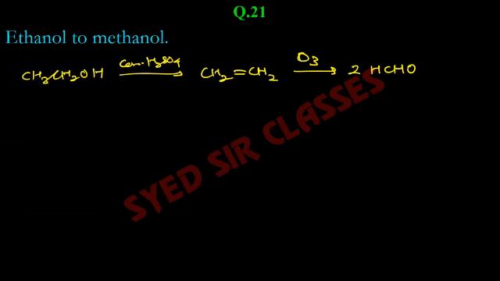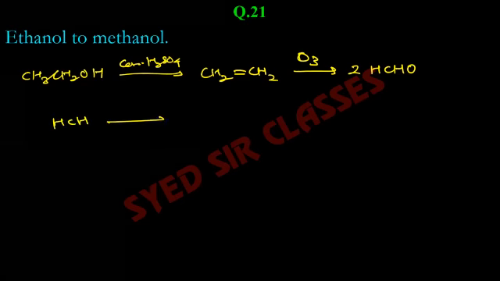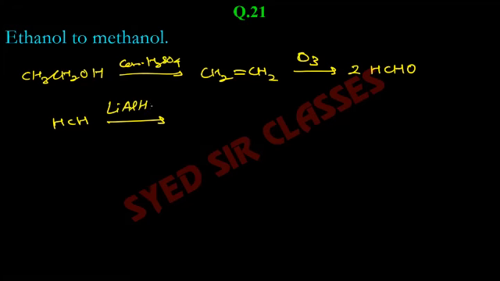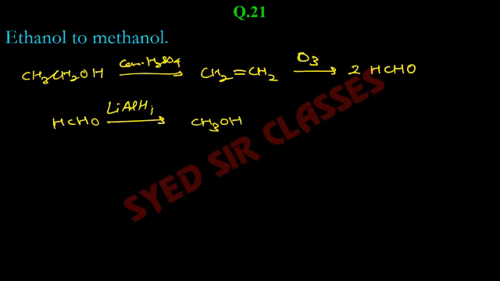Now aldehyde to alcohol, HCHO to CH3OH. So this is something you already know. And in ozonolysis, you need to be specific and write ozonolysis there. And you can show the structure as well.